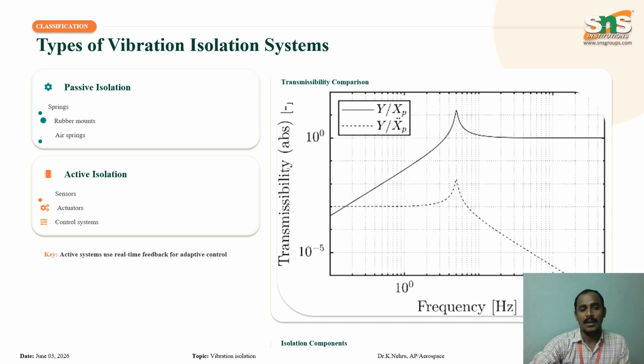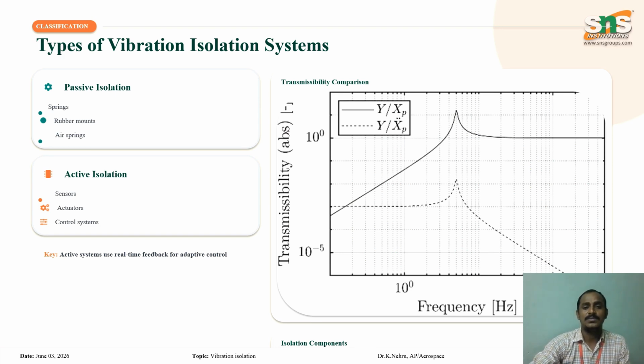Examples include engine mounts, vehicle suspension systems, and mechanical foundations. Active isolation systems are more advanced, using sensors, controllers, and actuators. The sensor continuously measures vibration. The controller processes the information and accurately generates counteracting forces to cancel unwanted vibration in real time.